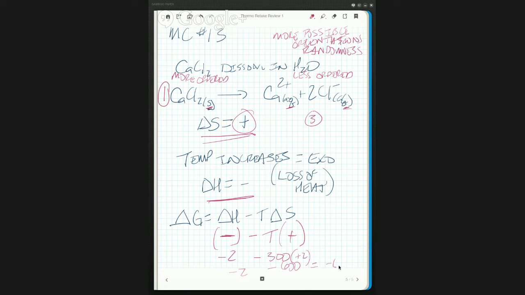So you'd end up with -602. It's going to be negative is what I'm trying to tell you. So delta G is negative, which means this would be a spontaneous reaction. So we need to look for one where delta S is positive, delta H is negative, and delta G is negative. Okay, so let's go back and look at our test.